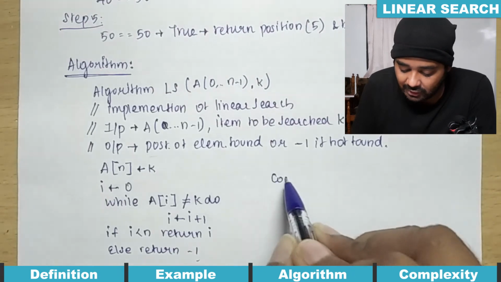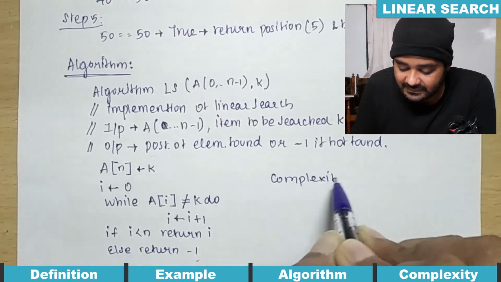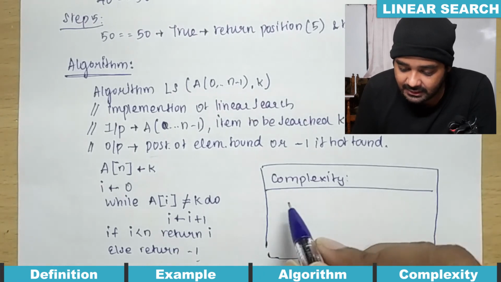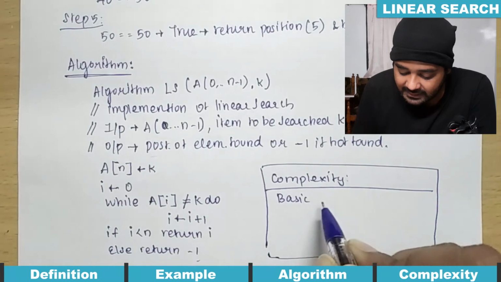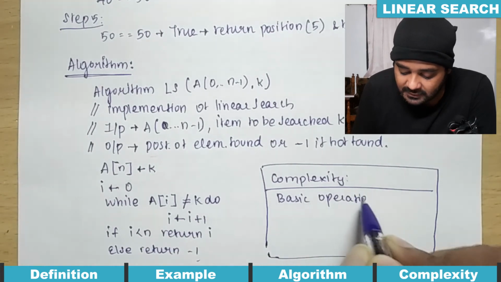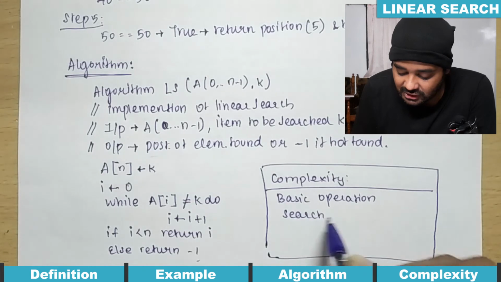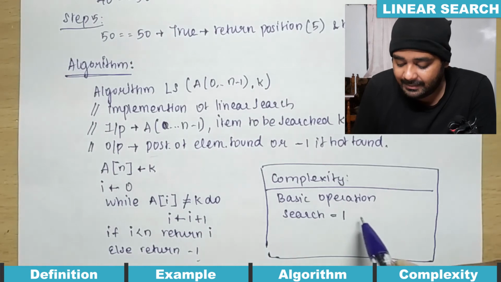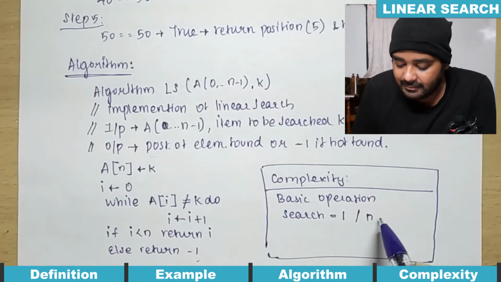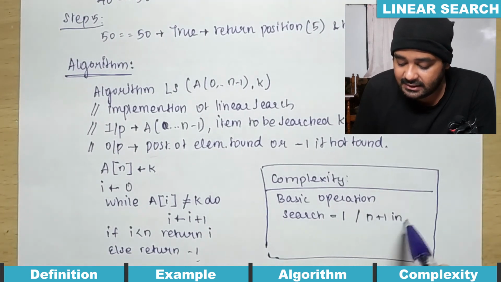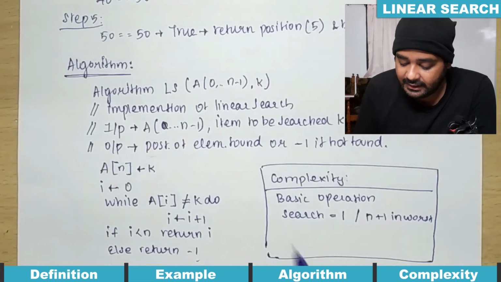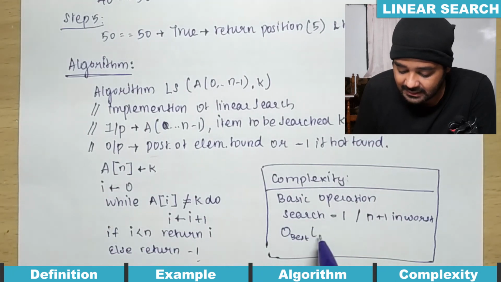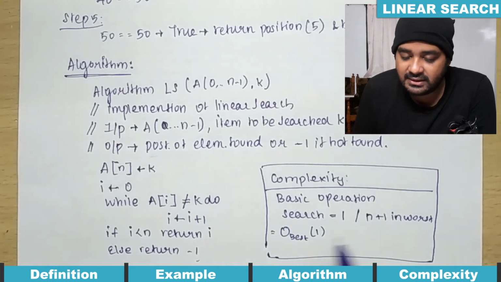So looking at the complexity of the algorithm, you just have to identify the basic operation. The basic operation is searching over here. So I take the search operation as 1, and this searching operation will happen a maximum of n plus 1 times in the worst case. So I name the big O of best case as 1, which is when it is found in the first element.